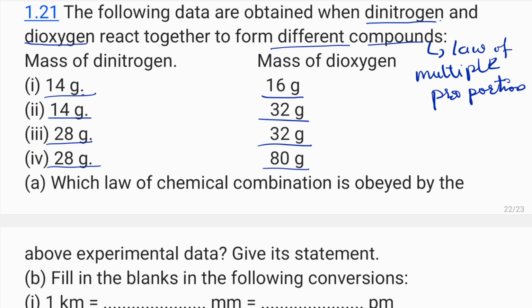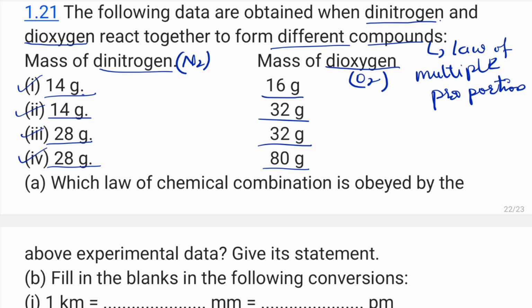So obviously there are only two reactants, dinitrogen and dioxygen. Dinitrogen means N2 and dioxygen means O2. When these gases combine in different ratios, they form different products. In the first there is one product, which we are going to discuss, and in the second, third and fourth there are other products.